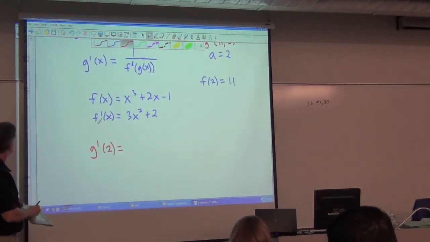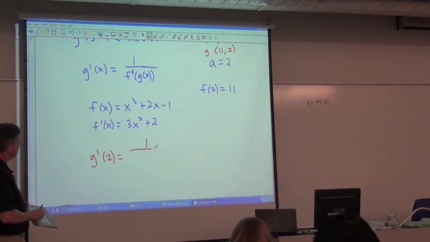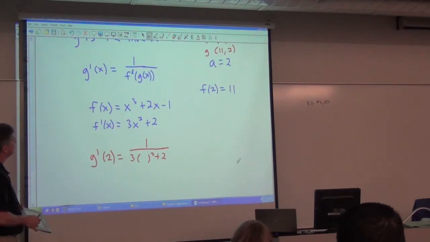If we follow that formula, it's going to be 1 over f prime of g of x, or f prime of the inverse. So f prime is this 3x squared plus 2. So where do you get the g of x function then? How do we get a to be x?